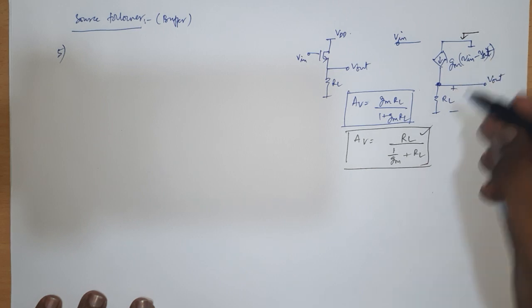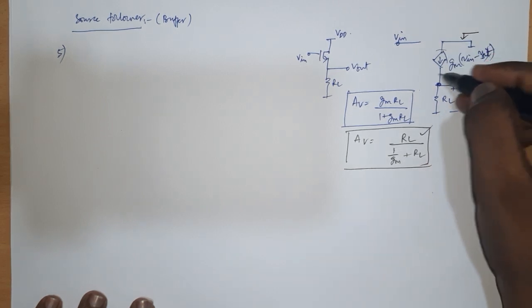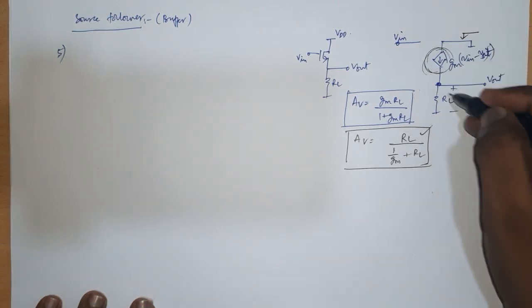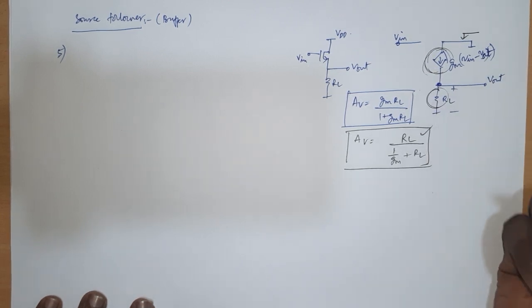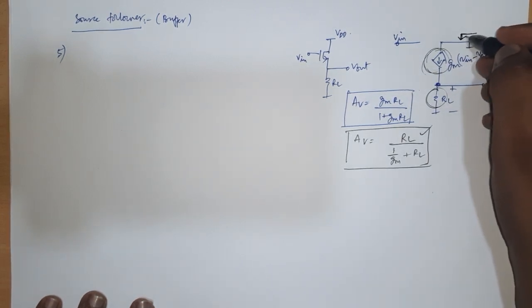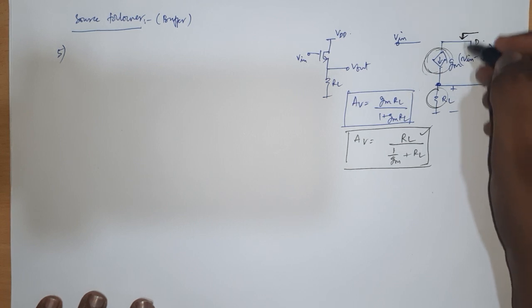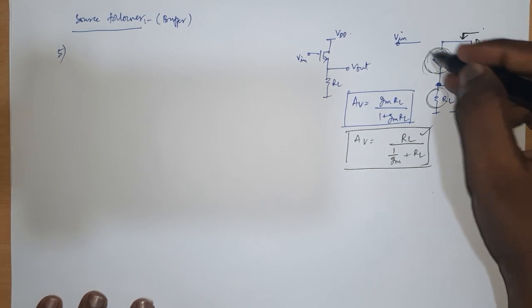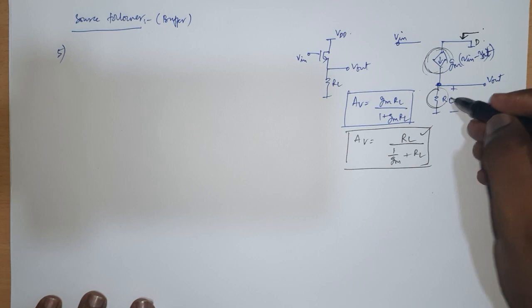Looking in this side, you see the resistance due to this component as well as the RL itself. So both components appear looking into the common terminal. Here the common terminal is the drain, so looking in this side, I have 1 over GM of this transistor as well as the RL.